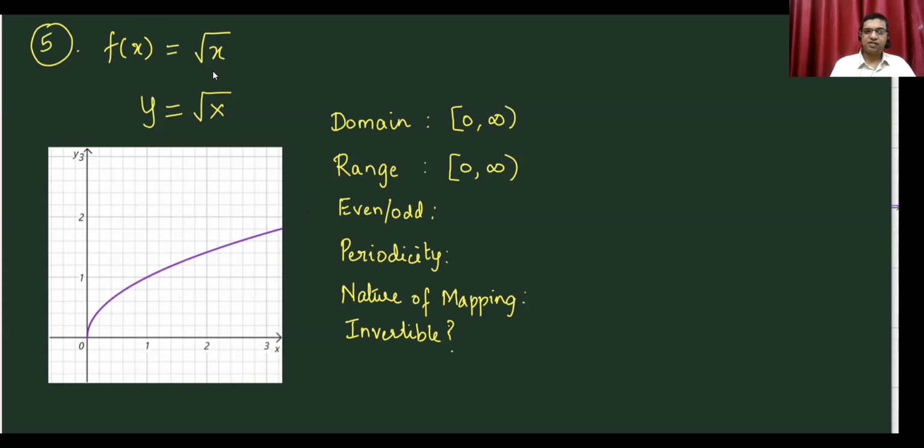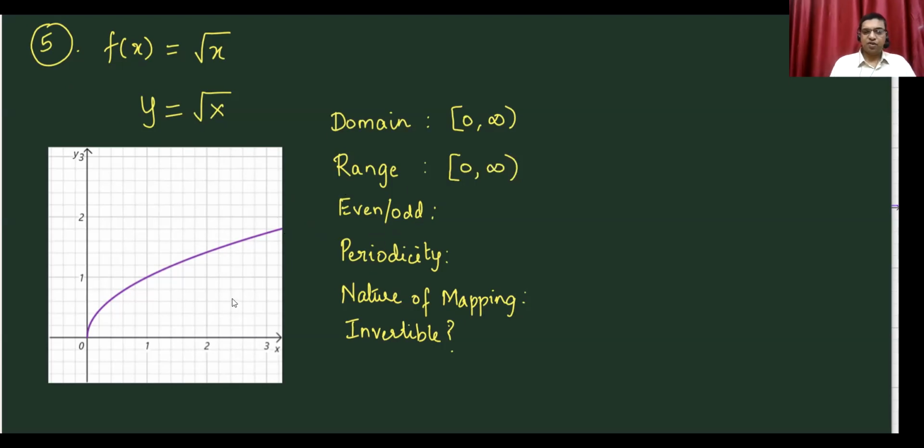If you take x as 10,000, f of x will be 100. So it will go slowly, but infinity is an undefined large number. So it will also approach infinity in the range. You cannot say there is some value of f of x which doesn't belong to positive real numbers. You will not find one.